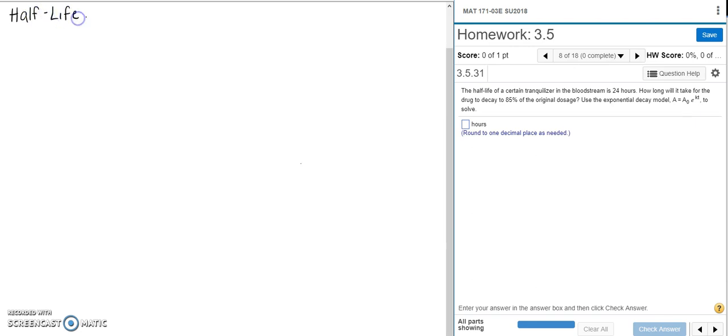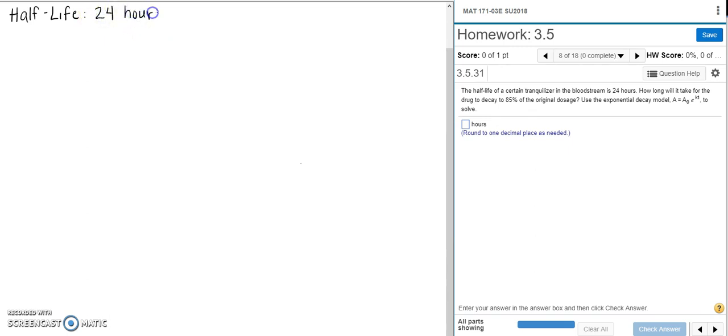Okay, half-life is the length of time it takes for some substance to reduce to half of its original amount. So it says the half-life of a certain tranquilizer in the bloodstream is 24 hours.